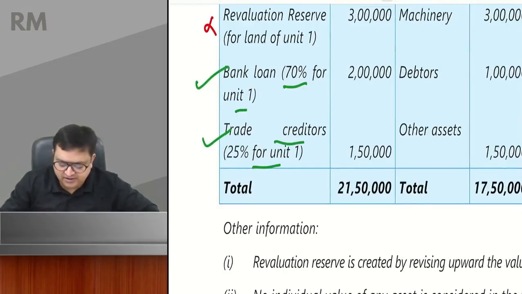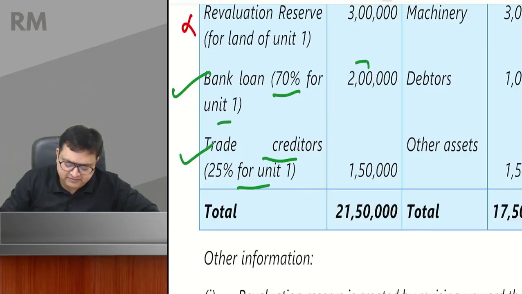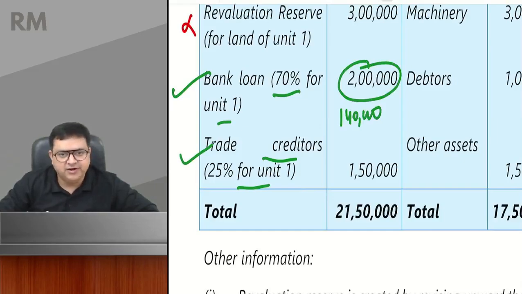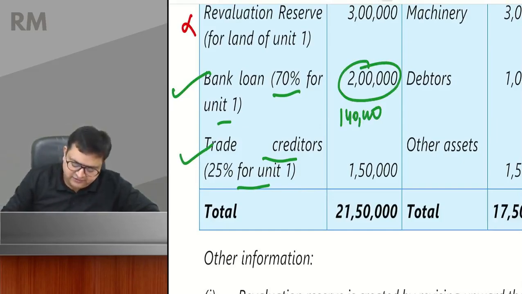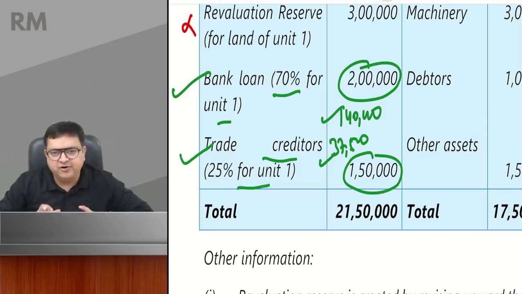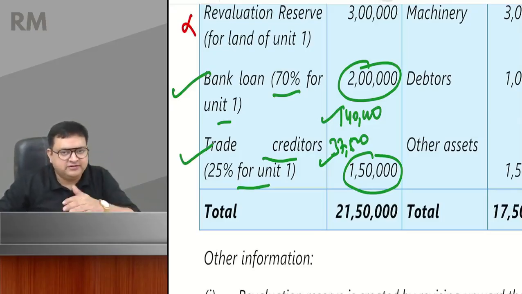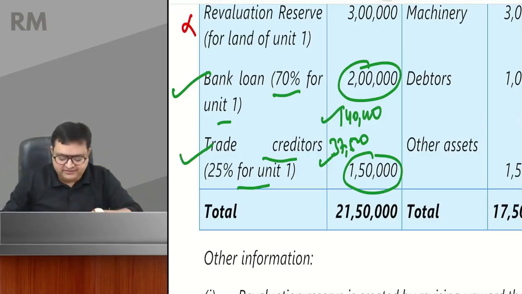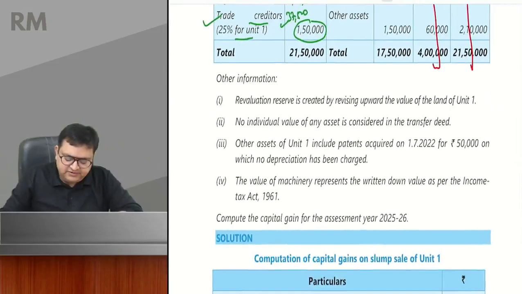So I'm concerned with 70% of this amount, 1,40,000 is the bank loan for unit 1. And 25% of trade creditors comes to 37,500. So my outside liability is 1,40,000 and 37,500. Everybody got it? So I have my total assets minus outside liabilities. Let us look at the information.